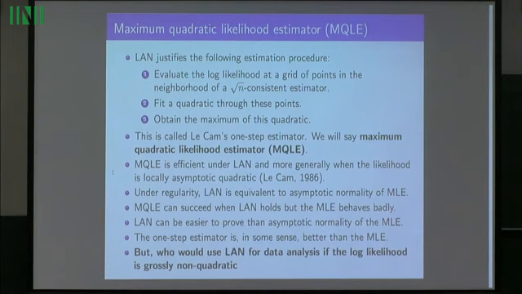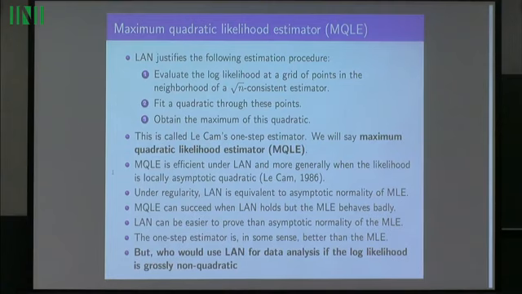So now let's turn to inference. There's Le Cam's one-step estimator, which is a famous estimator in this context, where you basically take the log likelihood on a finite number of grid points, fit a quadratic, and obtain the maximum of the quadratic. We're going to call this one-step estimator the maximum quadratic likelihood estimator, MQLE, for reasons that should become apparent.